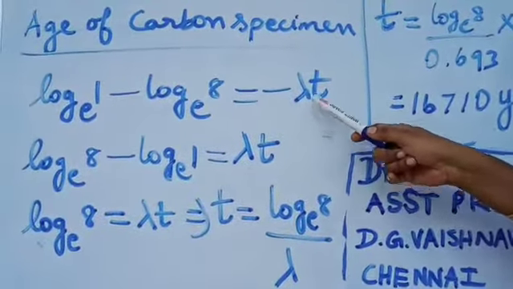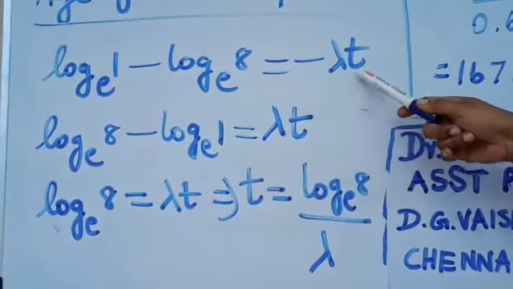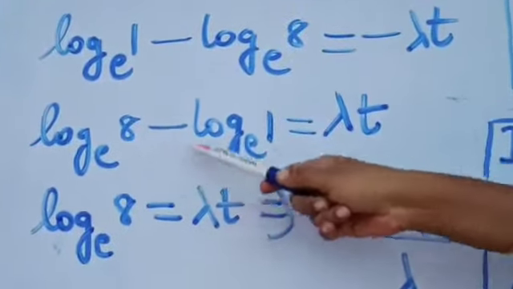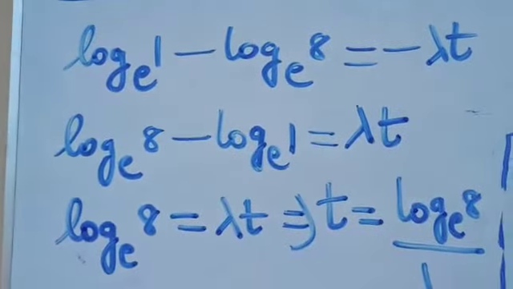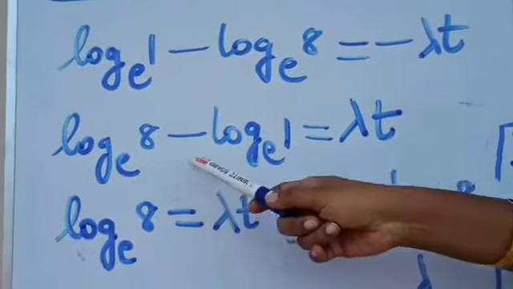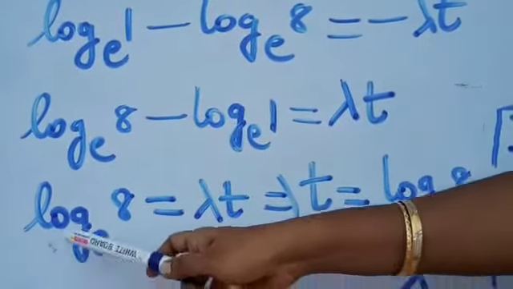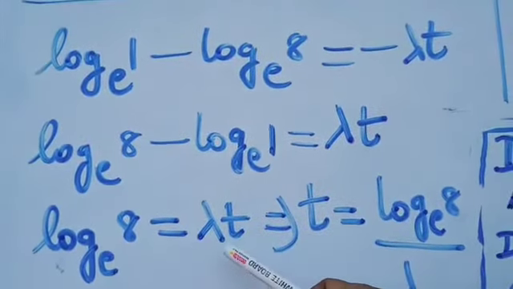The RHS becomes lambda t. From the basic formula of log, the minus terms can be written as division. So log e (8 by 1), which can also be written as log e 8, is equal to lambda t.